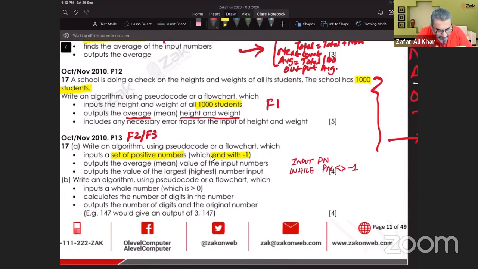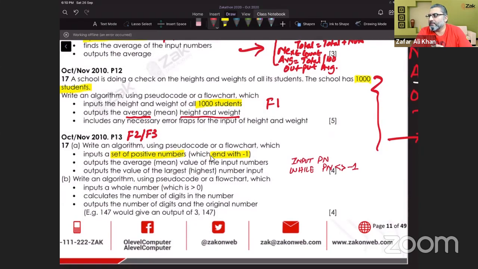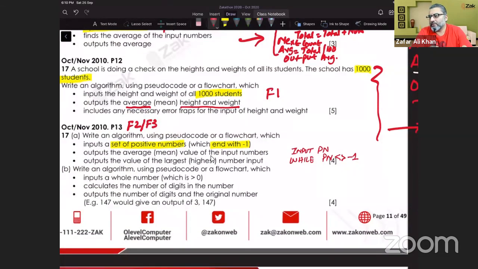So this input will go on until the positive number becomes -1. In Urdu we say जब तक ये -1 नहीं हो जाए उस वक्त तक इसको चलना है. नहीं हो जाए means not equal to.